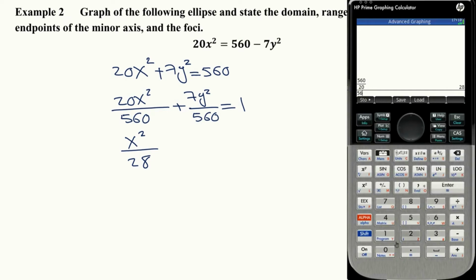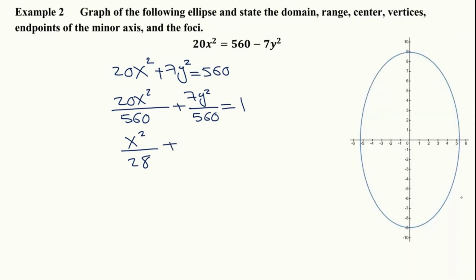I believe it does, 80 times, but let's just be sure. Yeah, so we get plus y squared over 80 equals 1. Because the larger number is under the y squared, we know this is going to be a vertical ellipse as depicted here.